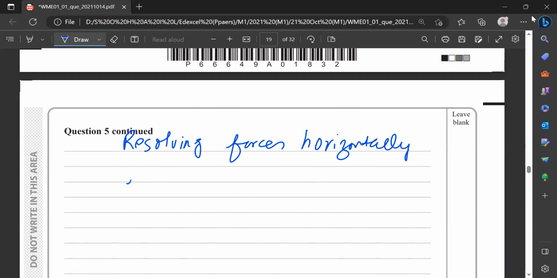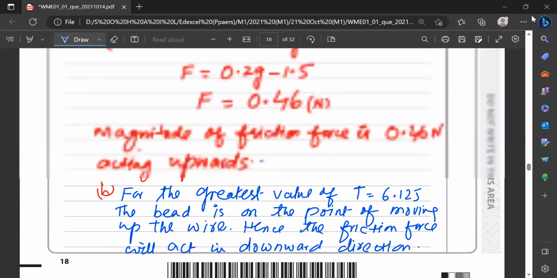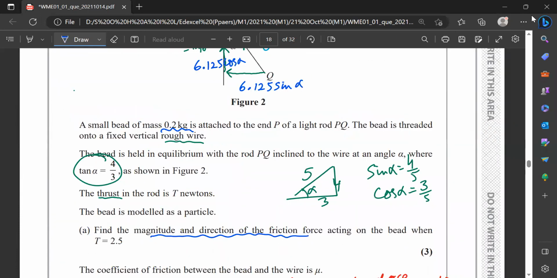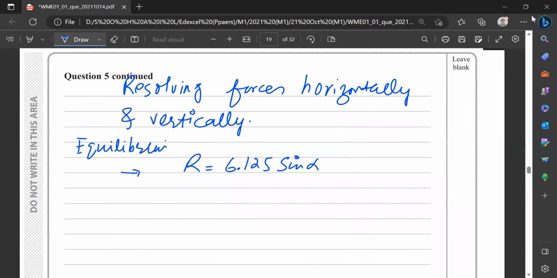This is a state of equilibrium. So R is equal to 6.125 sine of alpha, and sine of alpha is 4 over 5. So R is equal to 6.125 multiplied by 4 over 5.